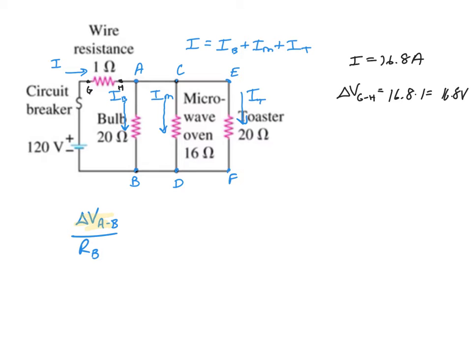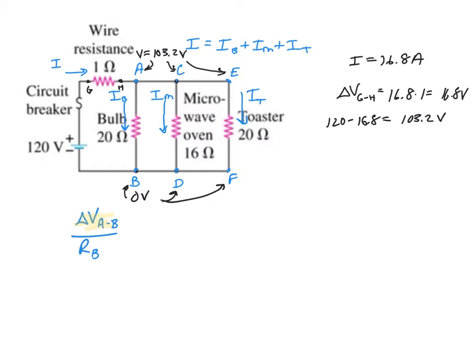So of the 120 volts, you've got 103.2 volts left at point A. So the voltage at point A is 103.2, and that's true for C and for E. They're all at the same potential. So there's 103.2 volts there, and there's 0 volts at all these points.